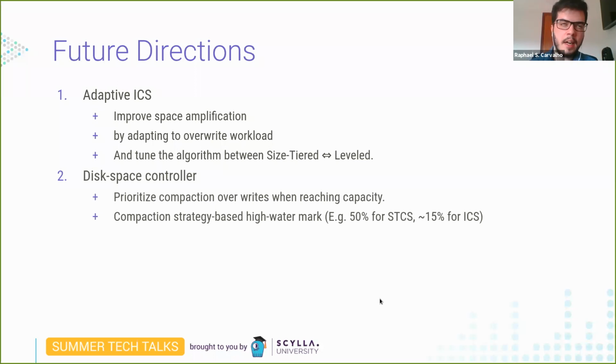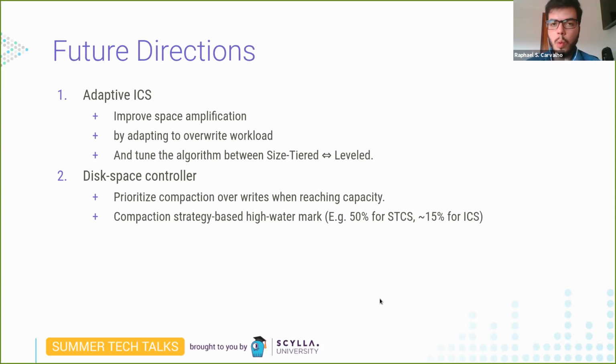And the second idea is the disk space controller. We have the CPU controller at the moment, and it was suggested that we could also have a disk space controller. Basically, the idea behind it is to prioritize compaction over writes when reaching capacity.